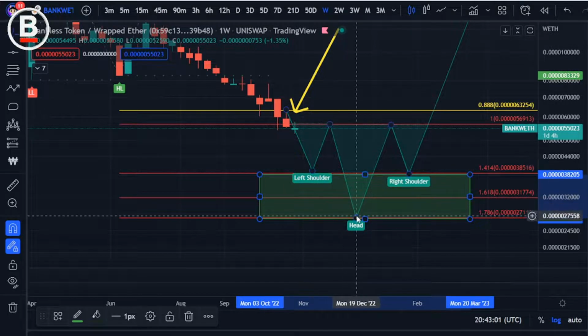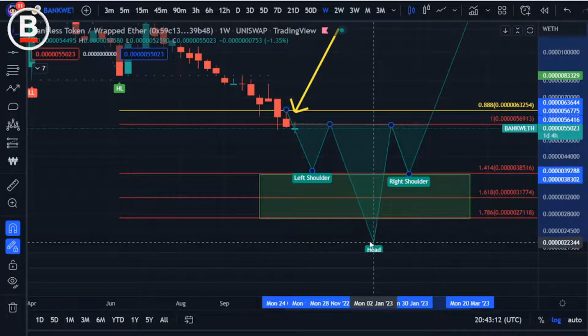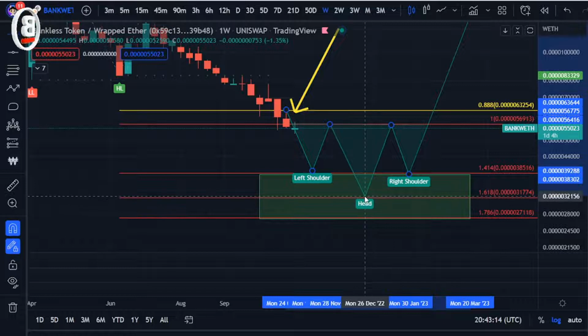We come down, people go crap, they sell, and then it gets bought back up at the next value area lows. Of course, the higher this is, the better.